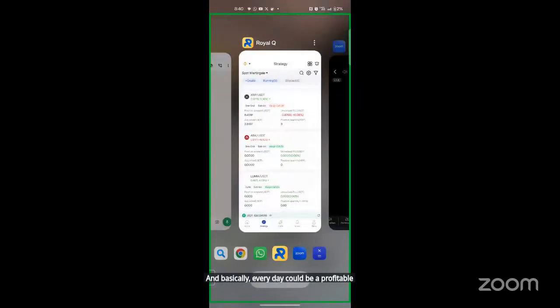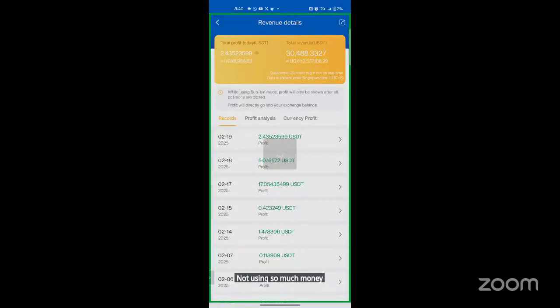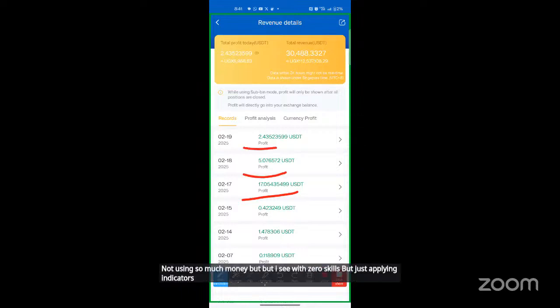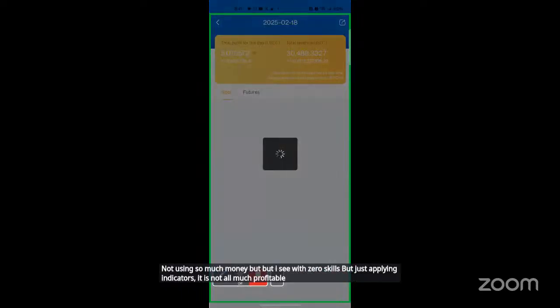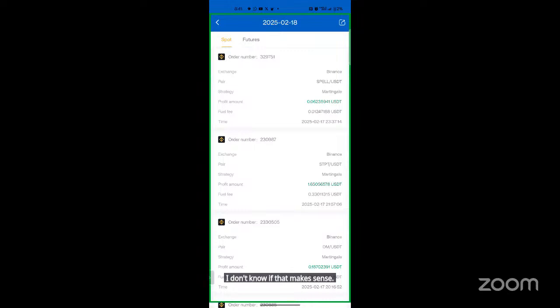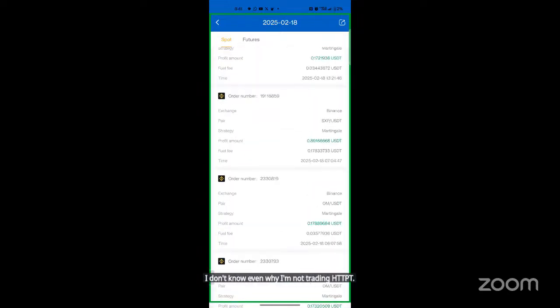I've tested it, not using so much money, but I see that with zero skills, just applying indicators, it is not all that profitable, but I see it works. I don't know if that makes sense. It works. I don't even know why I'm not trading STPT, but it works.